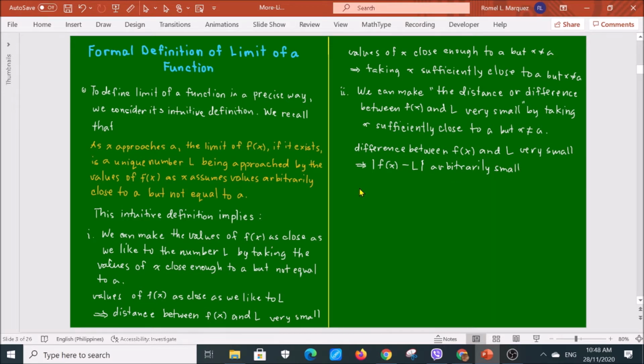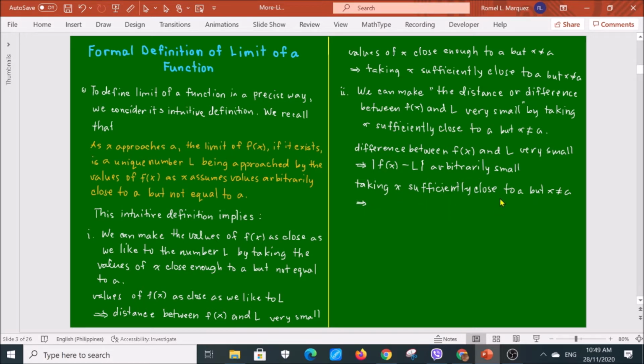Okay? And what about taking x sufficiently close to a but x not equal to a? What does that mean in mathematical form?